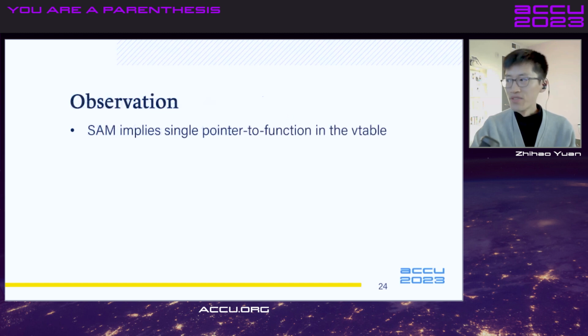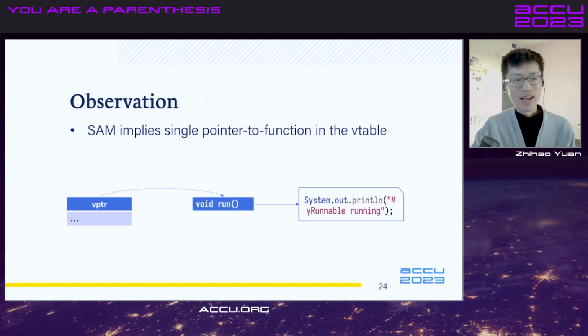Another observation can lead us to some optimization. If you look at a single abstract method, it means that in the vtable, there's only one single abstract method, right?